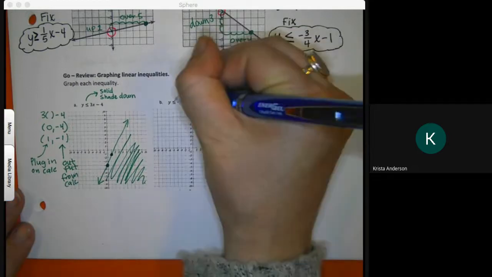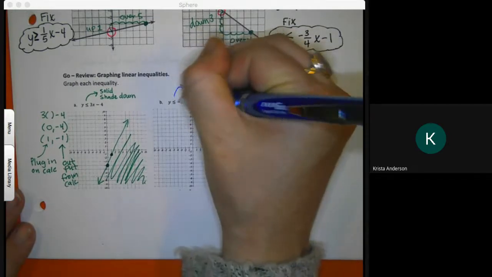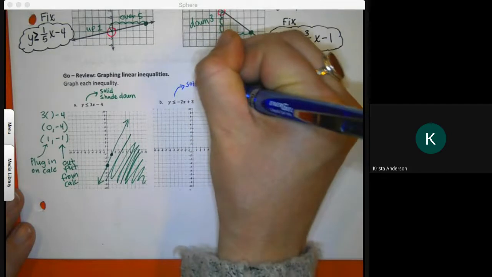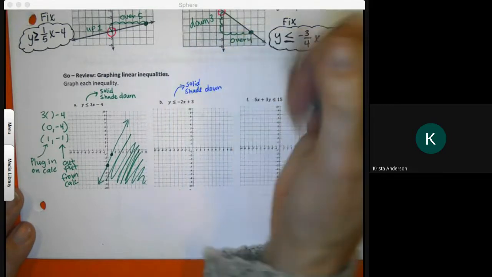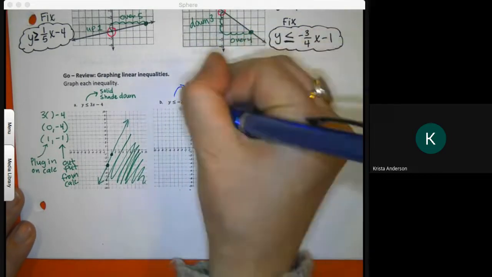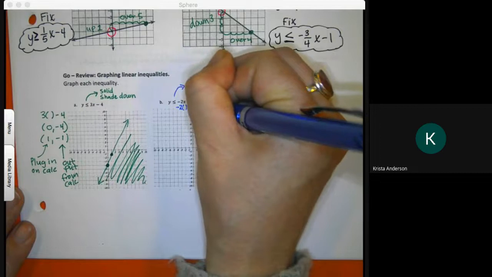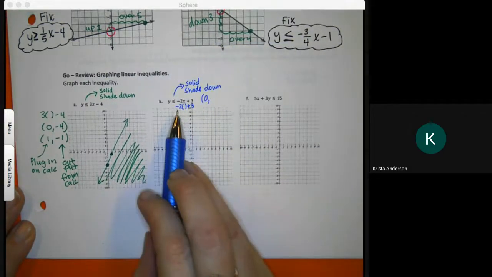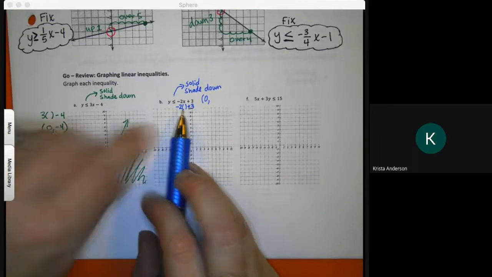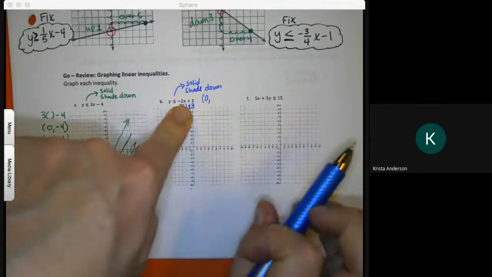Question B. It is going to be a solid line. I shade less, so down. And I'm going to find 2 points. I'm just going to do it in my head. If I plug a 0 in, -2x goes away and you're left with a +3.